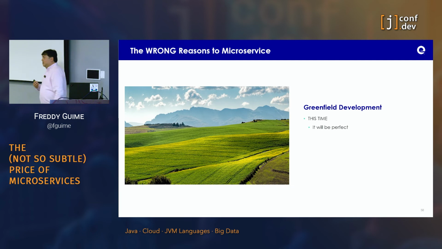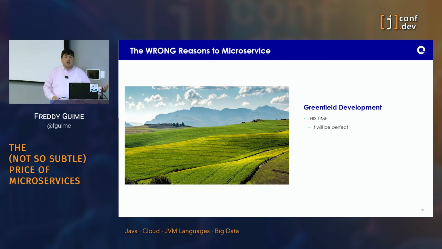So even though it's very alluring to say I want to start anew because I don't like what I saw, saying it's greenfield and that it's gonna be perfect is not good enough.